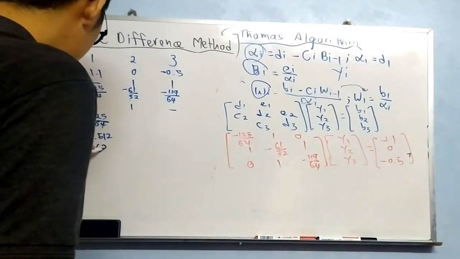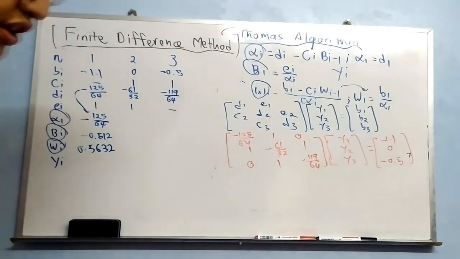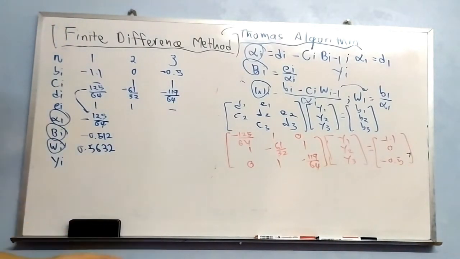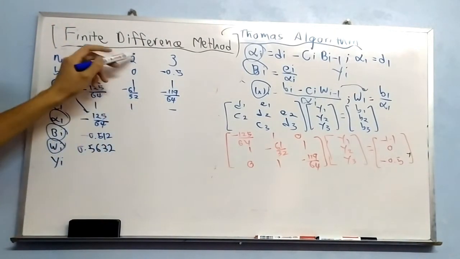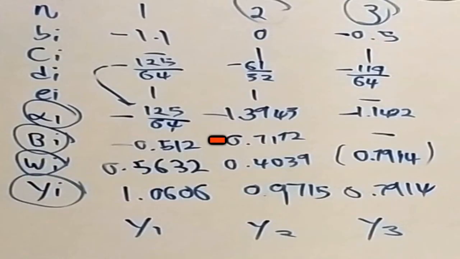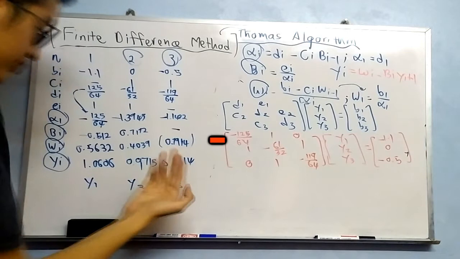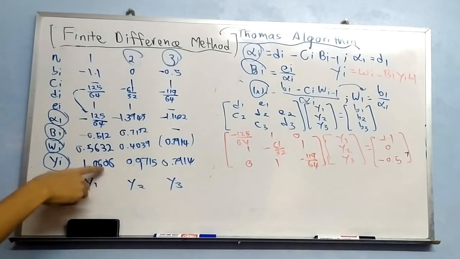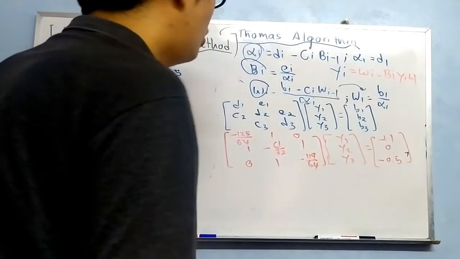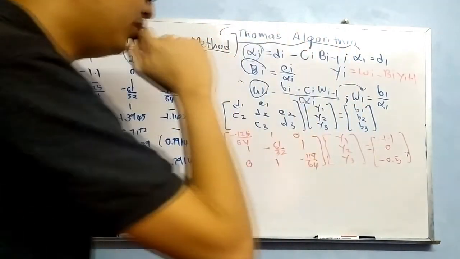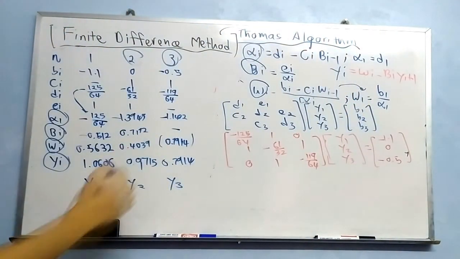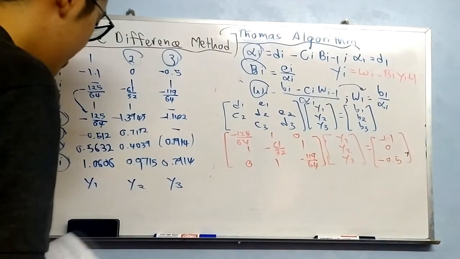So you obtain 0.5632. Repeat the same procedure for n equals 2 and n equals 3. Okay, how do we obtain these three values? We apply this formula. Now for y3, w3 is this.